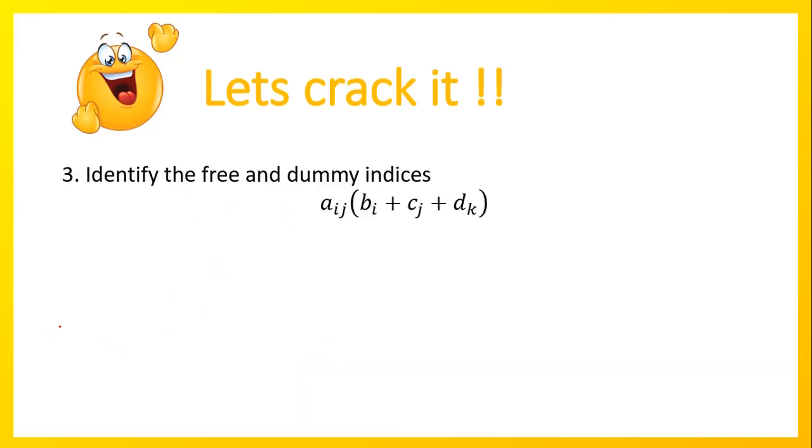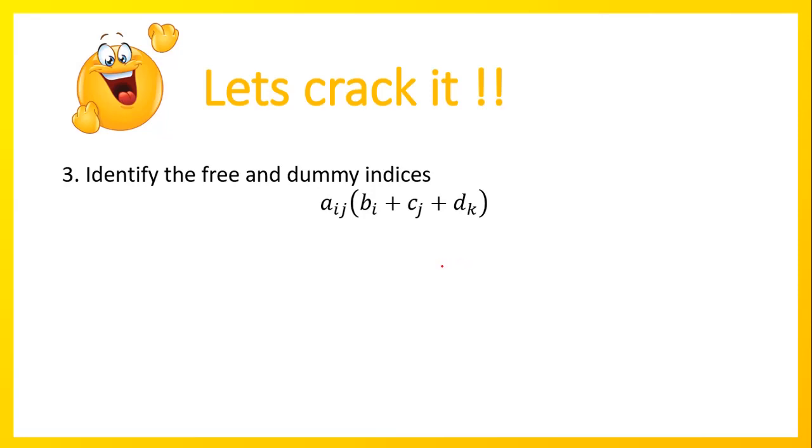The next problem we have to do here is find the free and dummy indices. So when you have an operation like this, unlike in linear algebra, where you open all the brackets and put the plus sign all over, this is not possible in multilinear algebra, that is in tensor analysis.